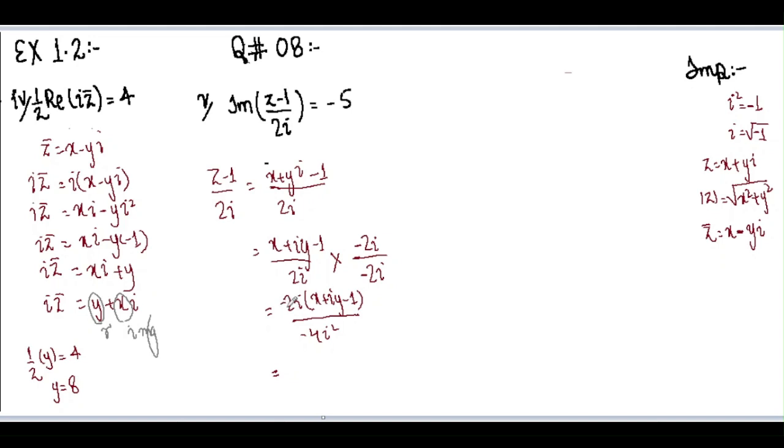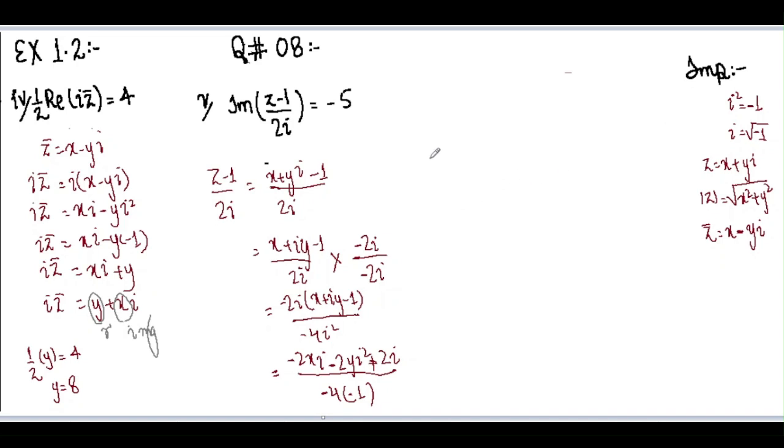So multiplying minus 2 iota with this whole bracket, we get minus 2x iota minus 2y iota square, minus into minus, we get plus 2 iota, whole divided by minus 4 into iota square gives us minus 1. We get it from here.